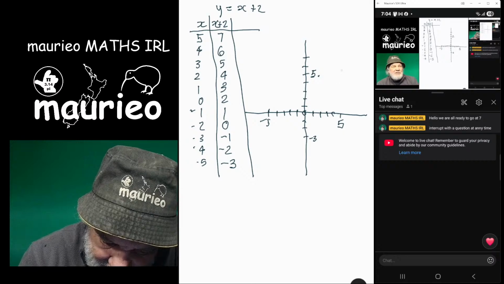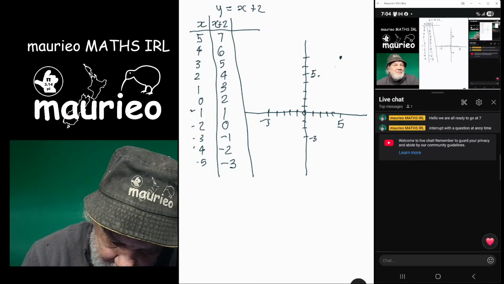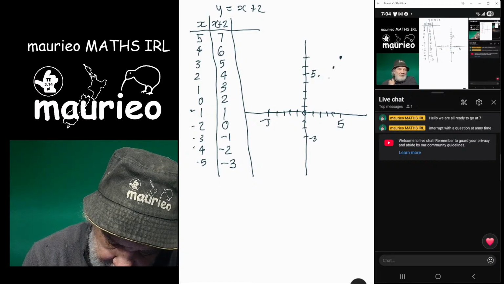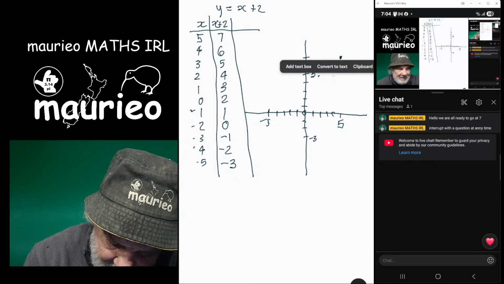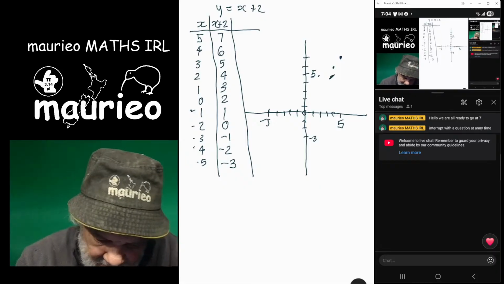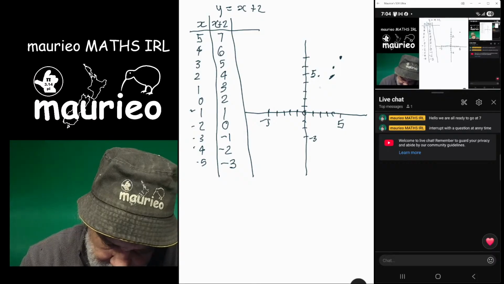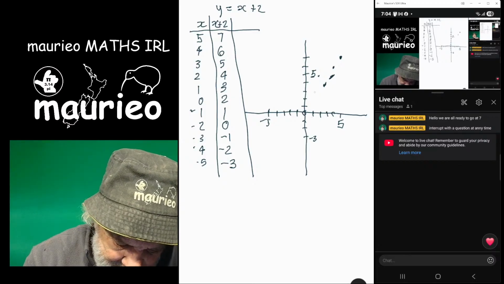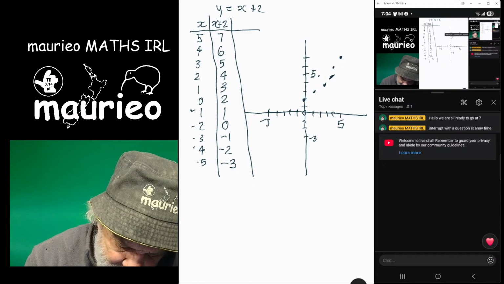So 5, 7 is there, and then we'll go 4, 6. So 2 is 4, I think. 2, 4, yep. And we'll go there. And 1, 3, and 0, 2.